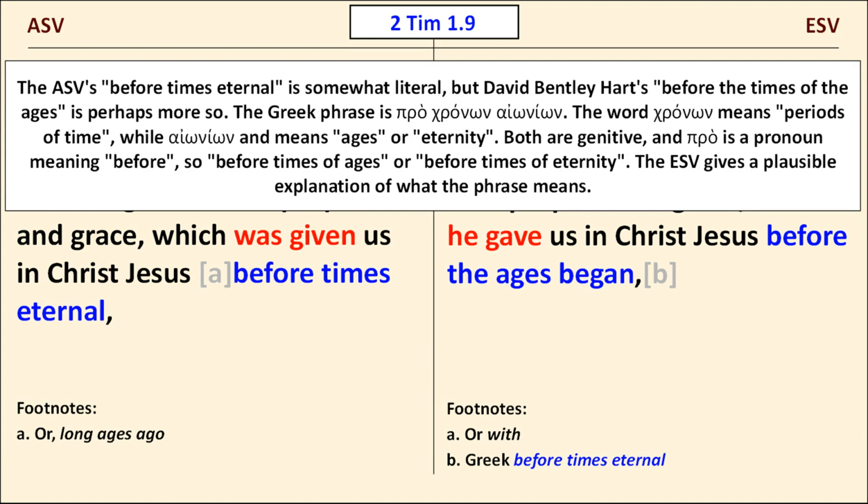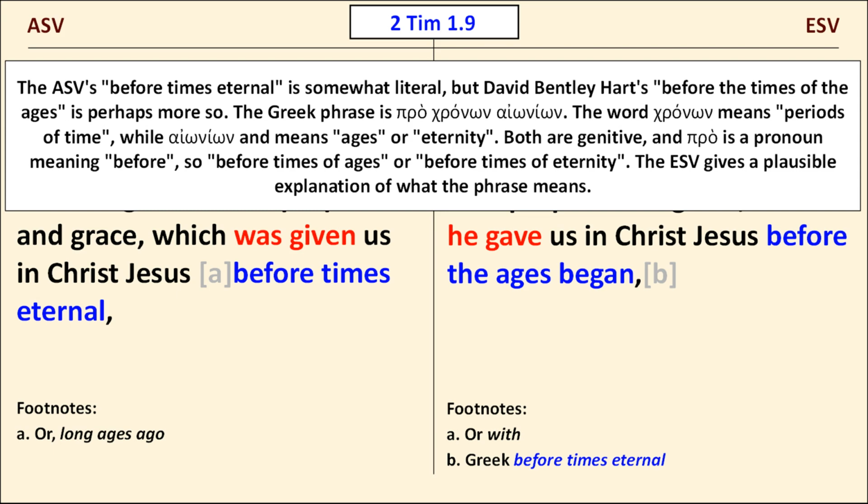Next, take a look at the words marked in blue: "before times eternal" in the American Standard Version, but "before the ages began" in the English Standard Version. The ASV's "before times eternal" is somewhat literal, but David Bentley Hart's "before the times of the ages" is perhaps more so. The Greek phrase is chronon aionion.